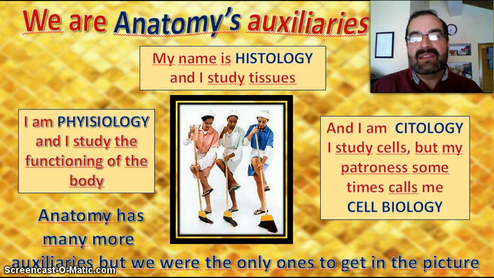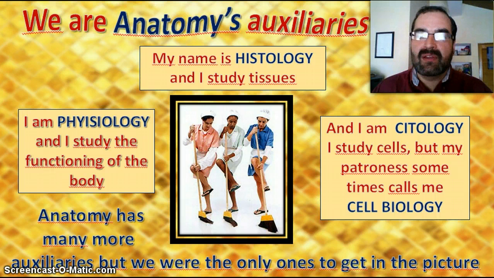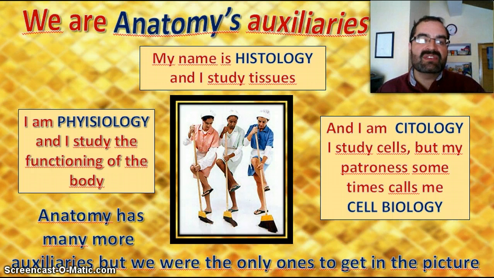We have here her auxiliaries. Being a very rich lady, she has a lot of auxiliaries helping her. In this picture, we find physiology. Physiology studies the functioning of the body. Histology, the second one, studies the tissues.